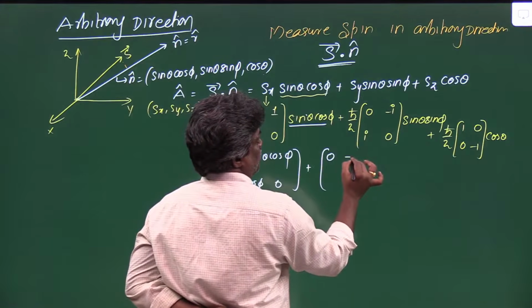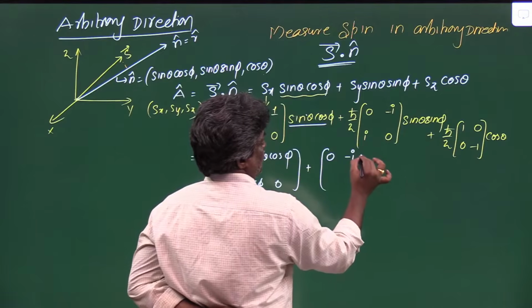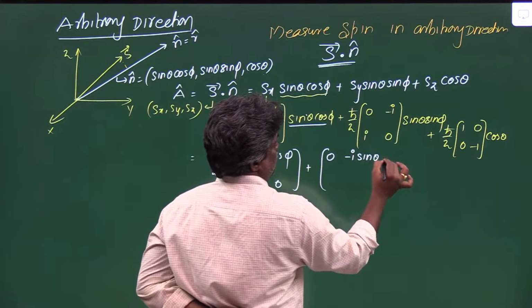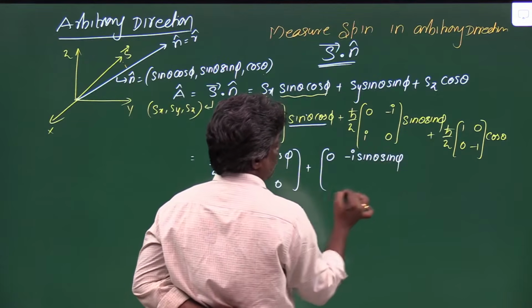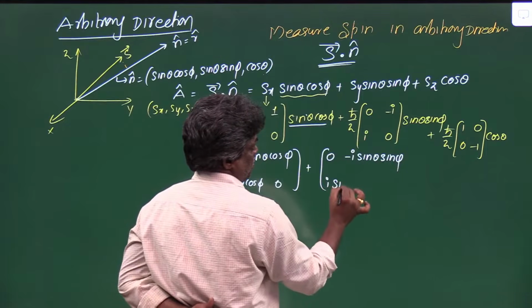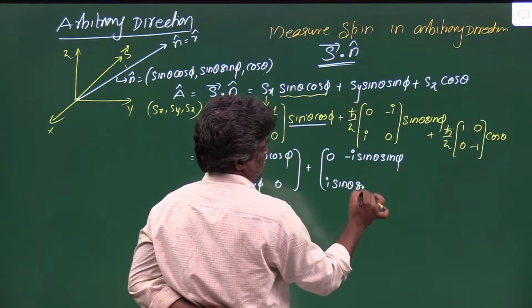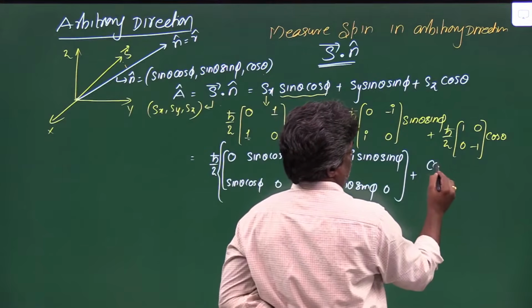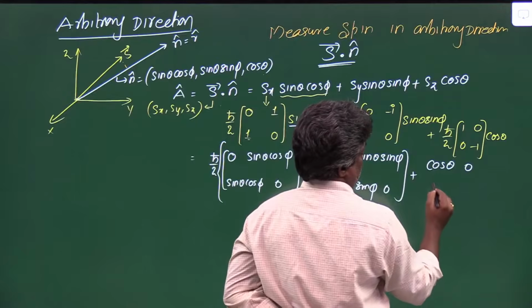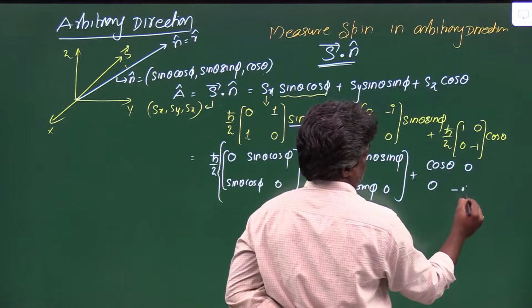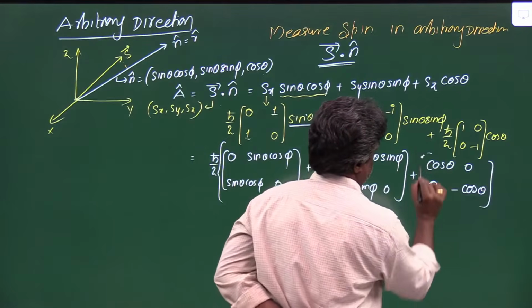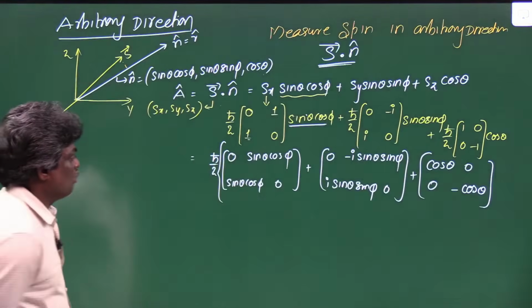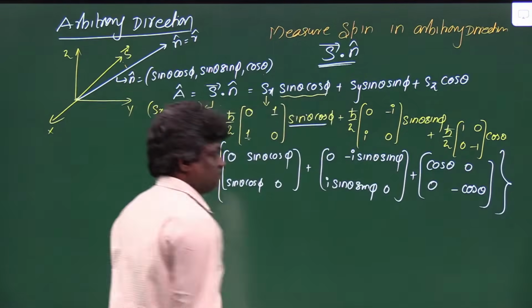So sin theta 0 minus i sin theta sin phi, i sin theta sin phi 0, plus cos theta 0 0 minus cos theta. That's it. And overall h cross by 2 outside.